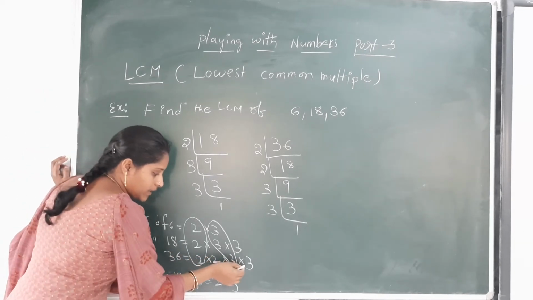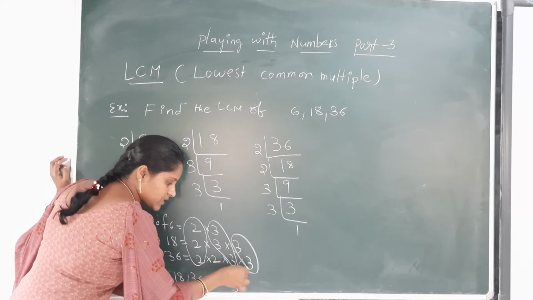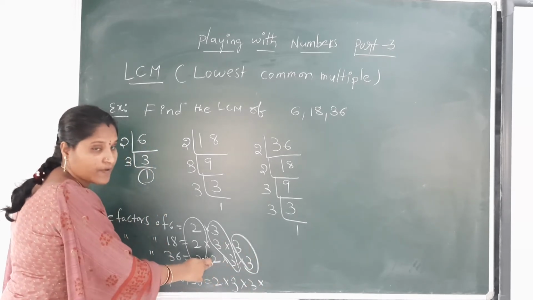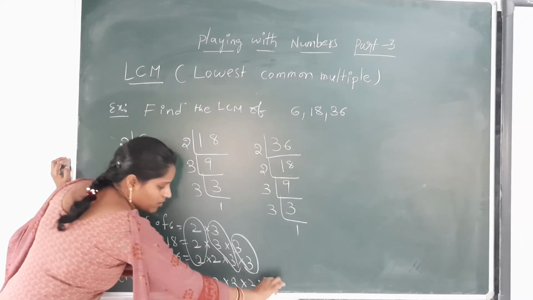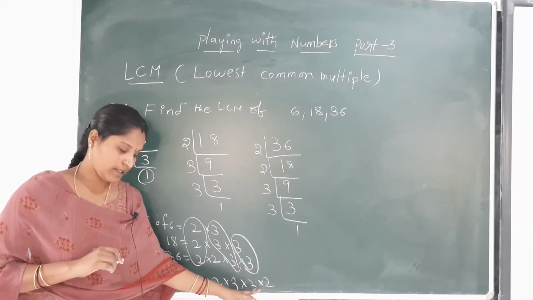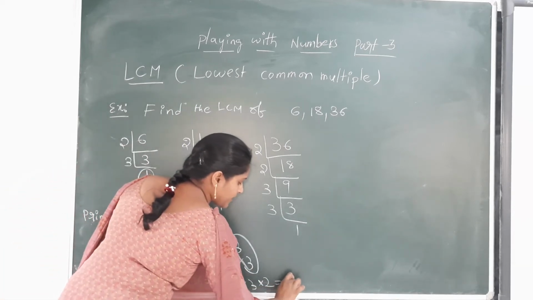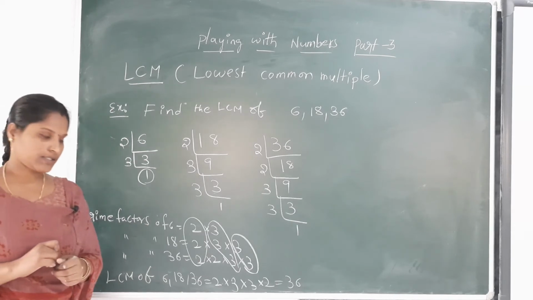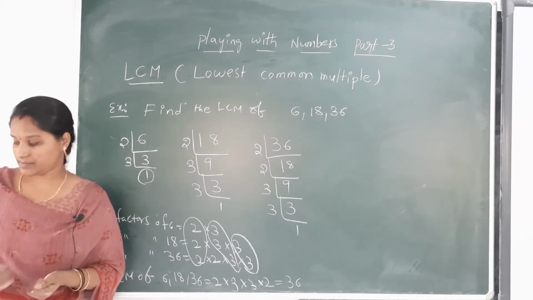Next, again, from these 2 common factors 1 factor is enough, and we have to take the uncommon factors also, and the uncommon factor is 2 here. 2 3s are 6, 6 3s are 18, 18 2s are 36. Finally we got the LCM here. What is the LCM here? 36.